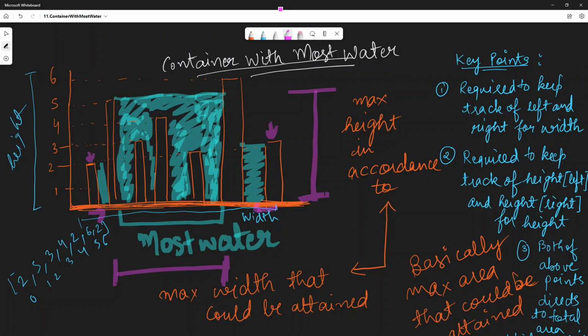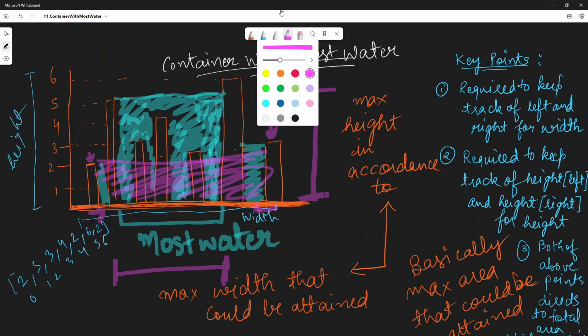We are now at the 0th position and the last position. At this moment we would have water filled here. We are not concerned with how much height it has, just with how much water would be between these two poles. If we calculate that, it would be the first area.